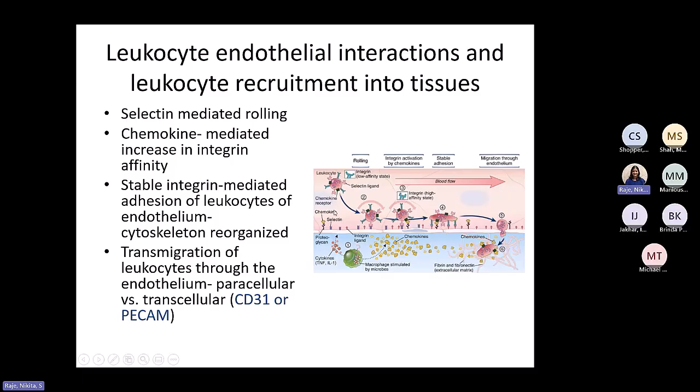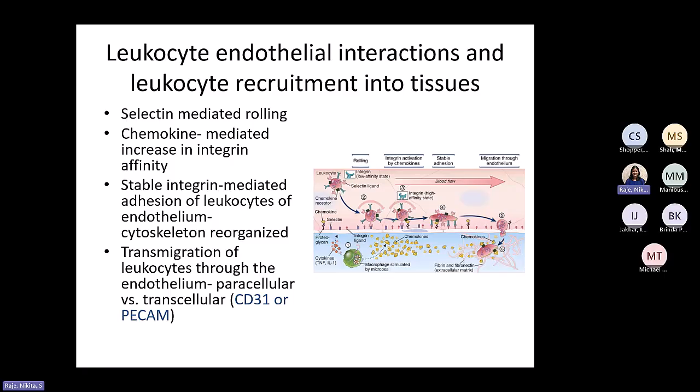And then the selectin ligands can now bind to those selectins on the endothelium. This interaction of selectin with selectin ligands is like Velcro. It attaches and then detaches. And so gradually the cell that attaches and detaches looks like it's rolling on the surface of the endothelium. So it's a rolling stop that the selectins are responsible for.